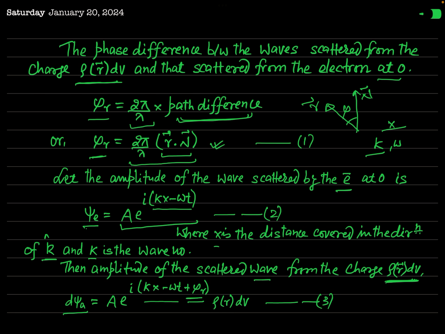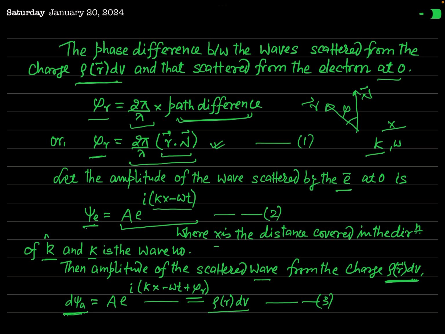So you can say that the phase of this scattered radiation from the volume charge element differs by phi r from the phase of the wave scattered from the electron. And since this must also be proportional to the amount of charge contained in the scatterer, I have multiplied it by rho r dV.